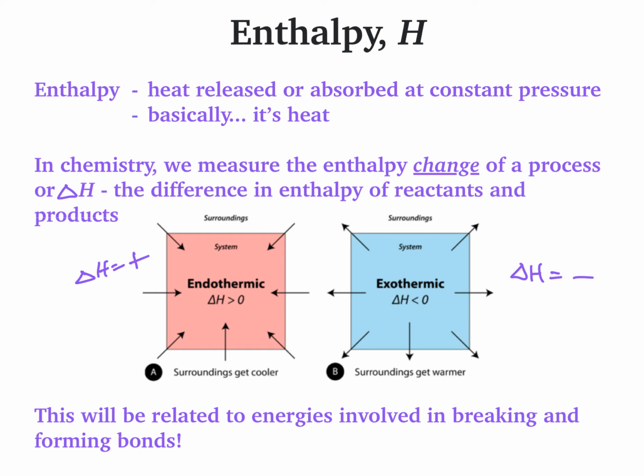And we'll look at that more in just a moment. But what this is telling us is that in an exothermic reaction, the enthalpy of the system will decrease, and in an endothermic process, the energy will increase in a system. Okay? And we will relate this very, very soon to breaking and forming bonds and the energies that are involved with those processes as well.